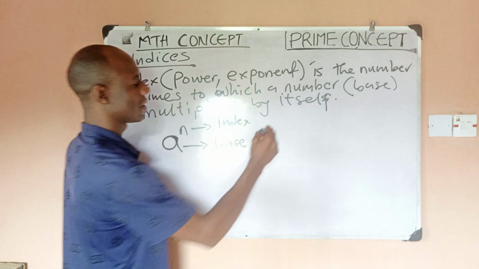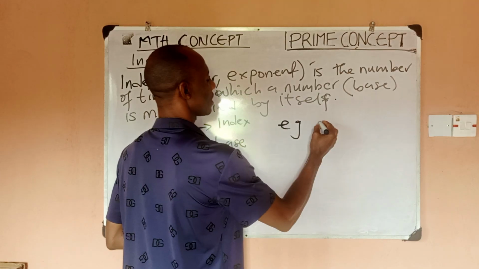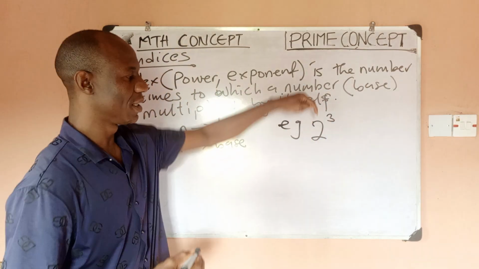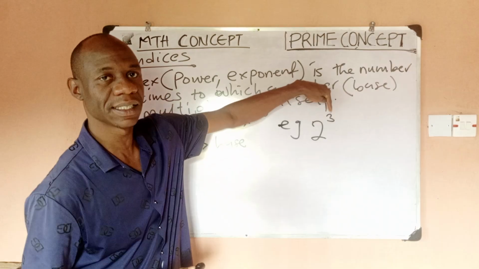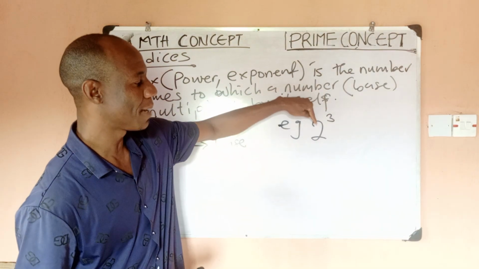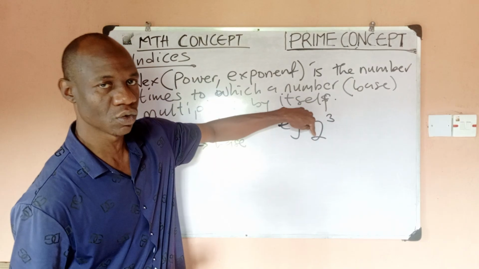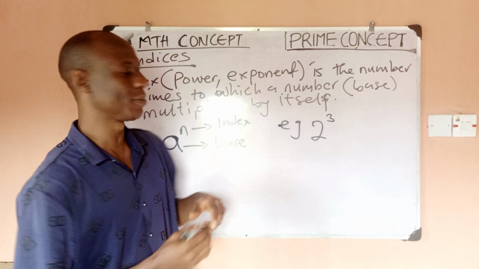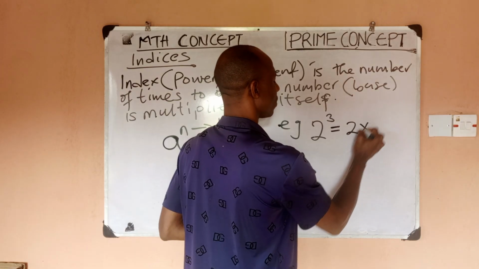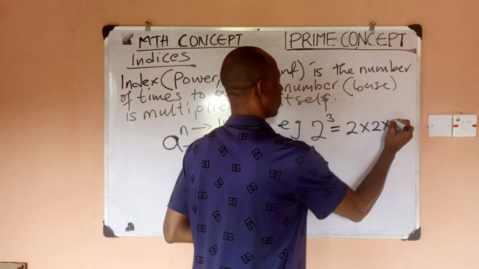So if I have something like, say, 2 raised to power 3, this simply means that the index is 3, the base is what? 2. So it means that I am multiplying this base 2, I'm multiplying it 3 times. So this can be written as 2 times 2 times 2.